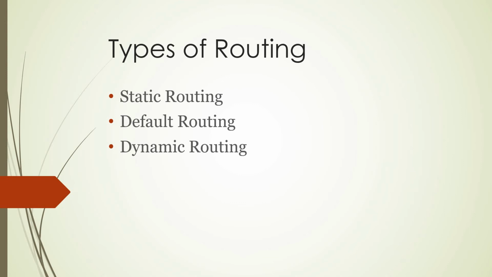We know very well that when we are connecting the network using routers, each and every router has a routing table. The routing table contains information about the destination network, and which one has the next hop address.